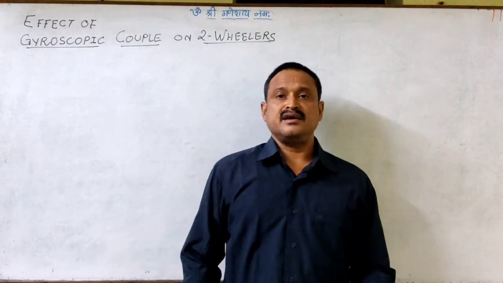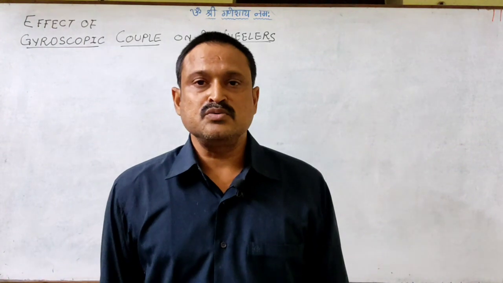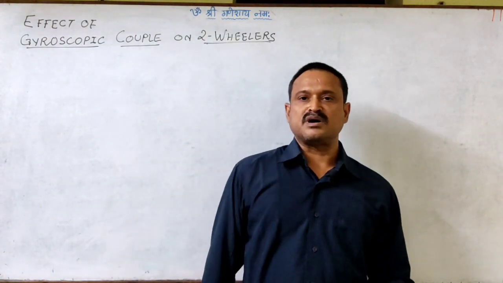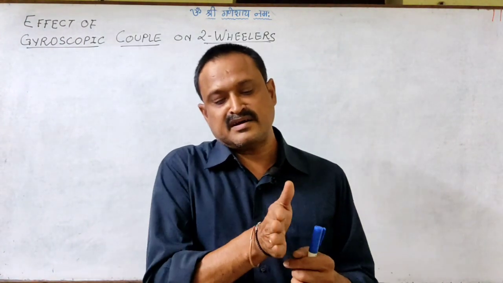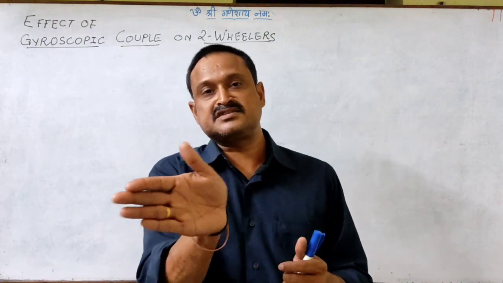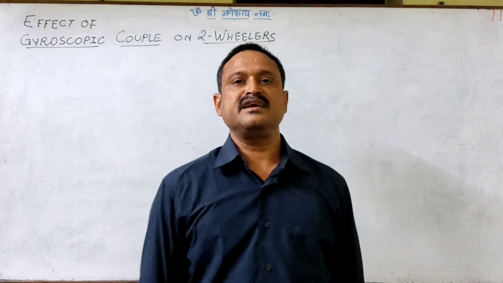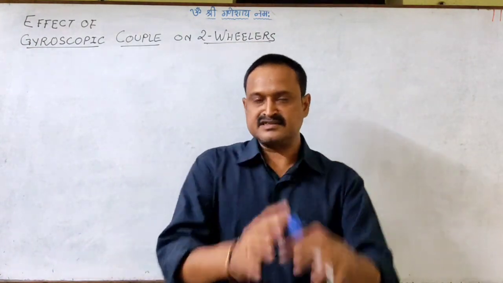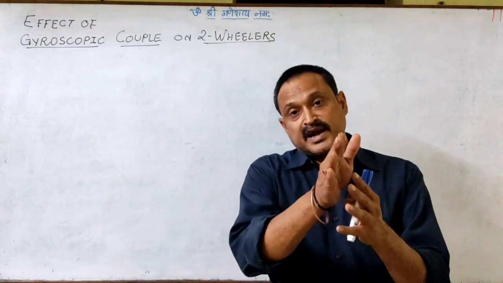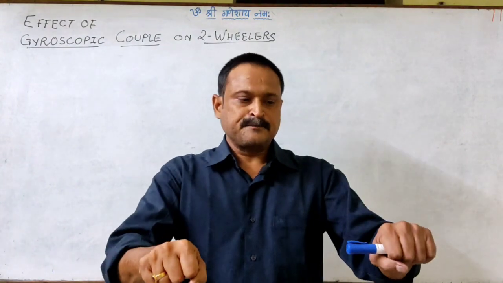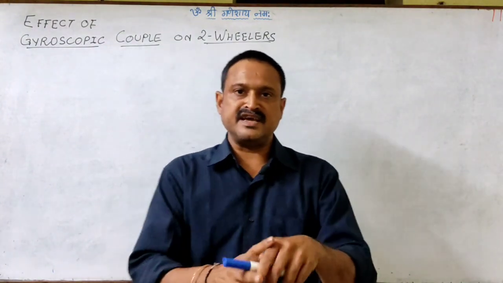So, why is it so? This is to compensate, right? Compensation of what? When a two-wheeler is turning, there will be an overturning couple acting on that entire system. So to provide that compensation, the rider is tilting the vehicle.